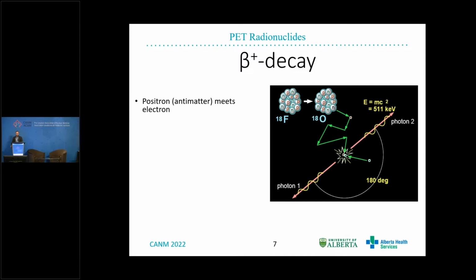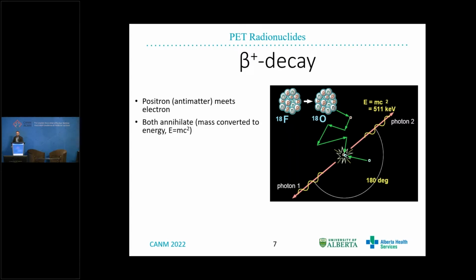As I alluded to earlier, the positron decay, and the image that we get from it, is when the positron meets an electron.